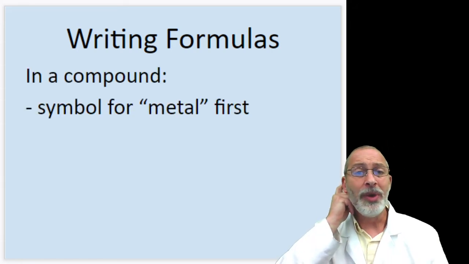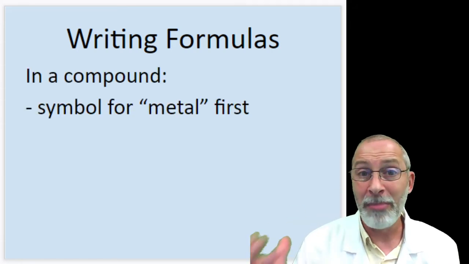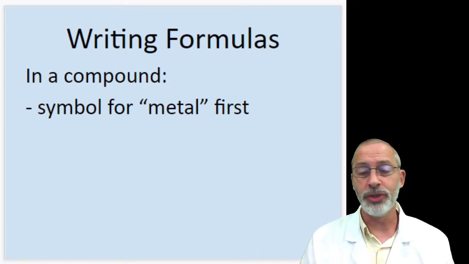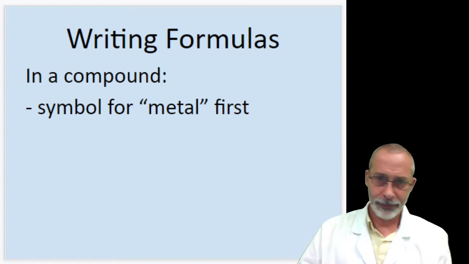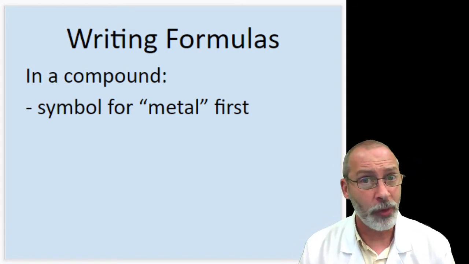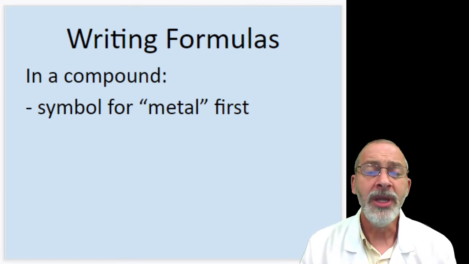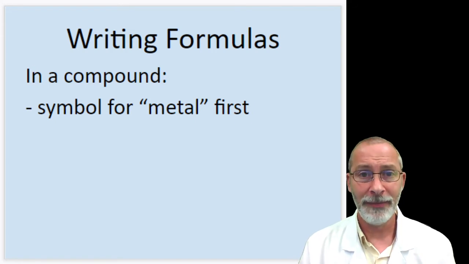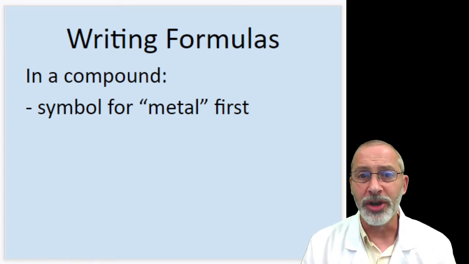First, whenever we have a compound, it's made up of two or more elements, as you know. And when writing a formula for a compound, the symbol or the letter for the metal is always written first.